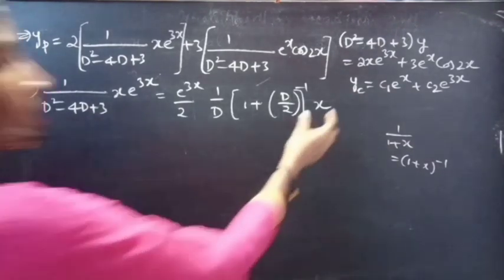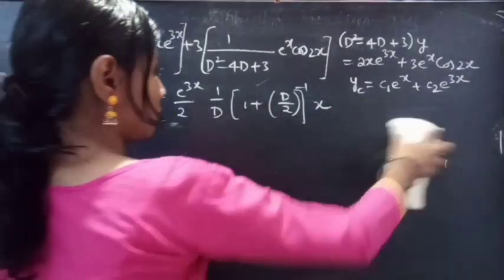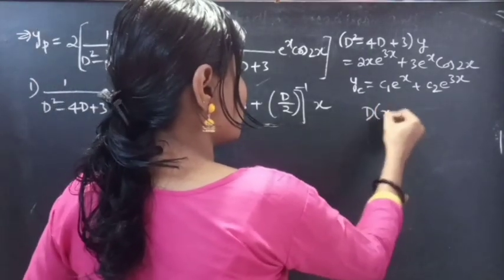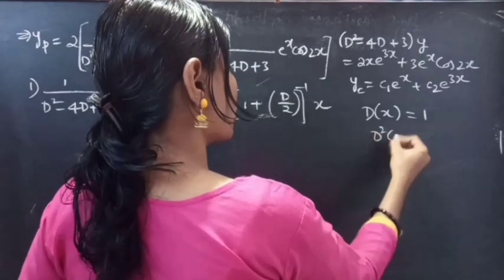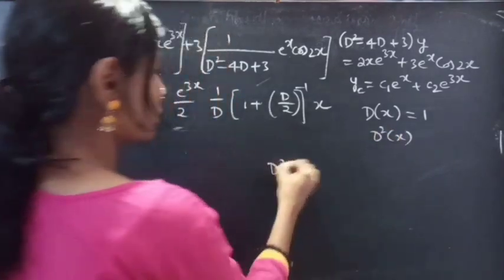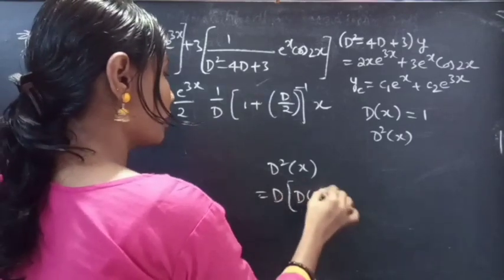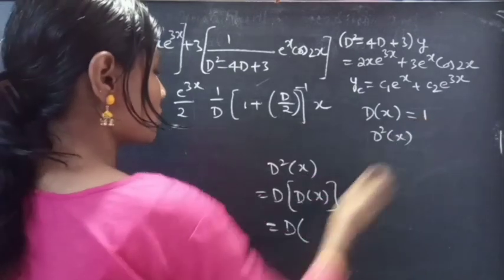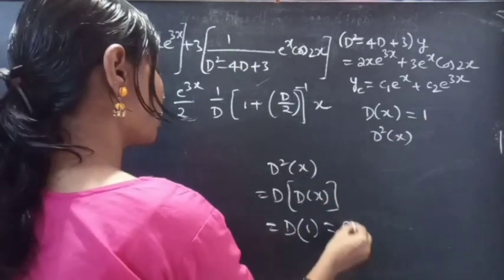Let's find derivatives of x. We know that the derivative of x with respect to x is 1. Now let's find D square of x. D square of x is the derivative of x, which is equal to the derivative of, the value of the derivative of x is 1, and the derivative of a constant with respect to x is 0, right?